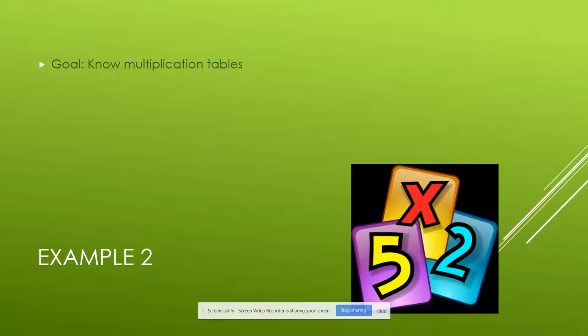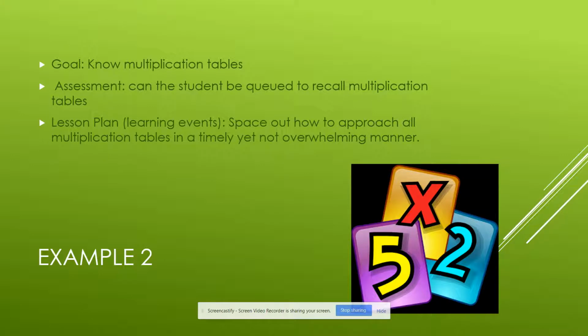history nerdom, is from a math lesson. The idea being to teach a student their multiplication tables. The goal is to learn said multiplication tables. To assess that would be to have a student recall, either pencil and paper or verbally, their multiplication tables.